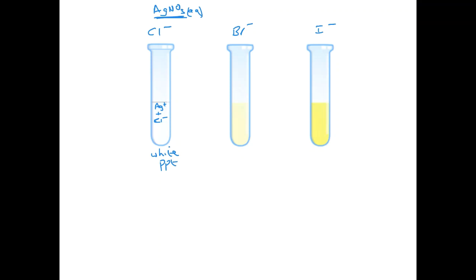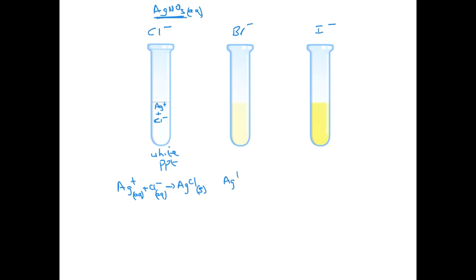And the equation for the formation of this white precipitate is Ag+ plus Cl- goes to give AgCl. And again, if you're asked to include state symbols, you would put (aq) after the silver and chloride ions because they're dissolved, and then an (s) after the silver chloride because it's the white precipitate, it's the solid. Then you've got the solution containing bromide ions.